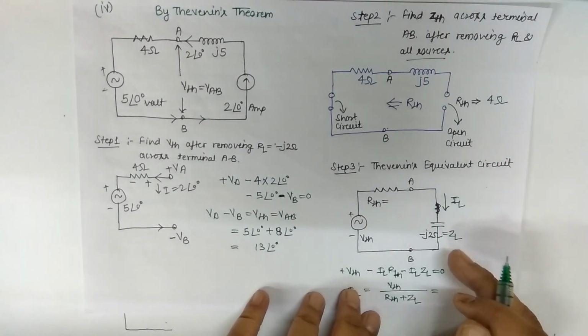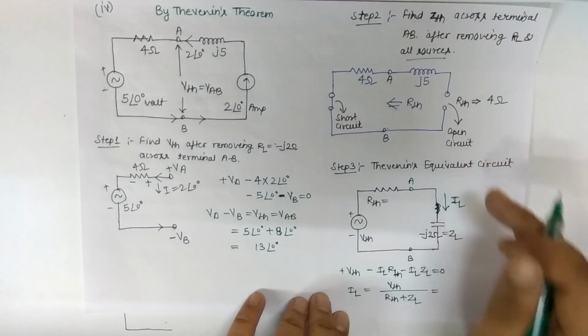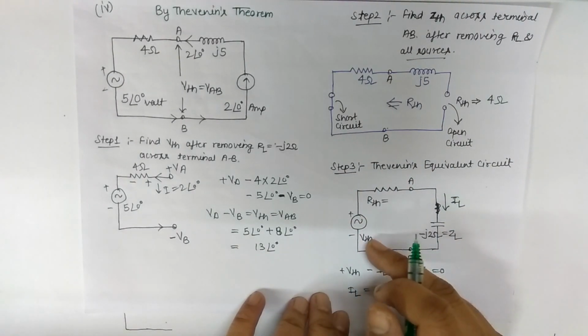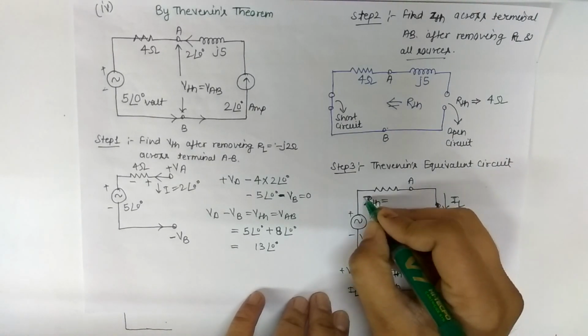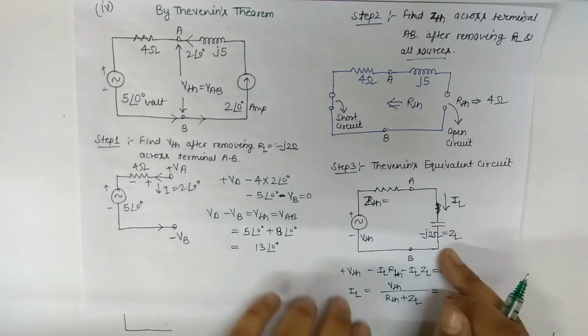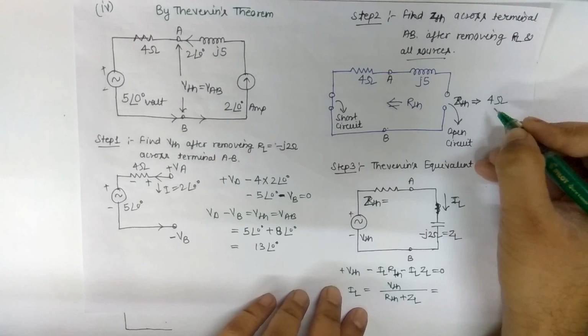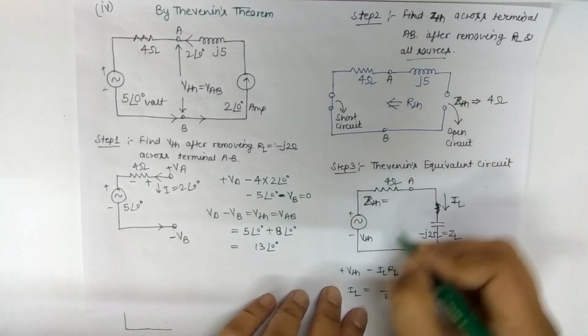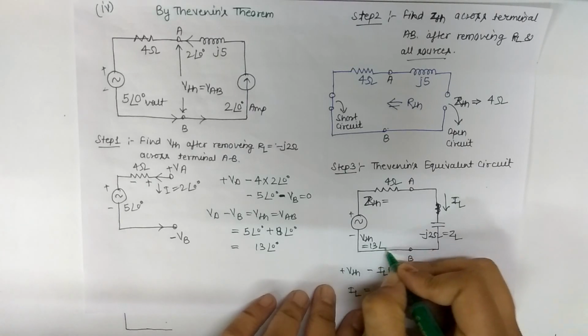Now we can move into step number 3, where we connect our VTH, RTH, or we can say ZTH, VTH and ZL in series. So this is our ZTH, that would be 4 ohm, and that is VTH, that would be 13 angle 0 degree.